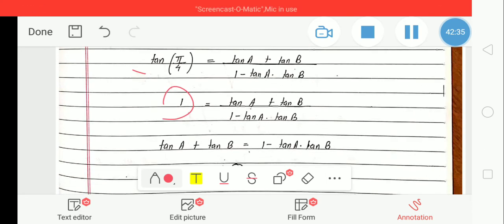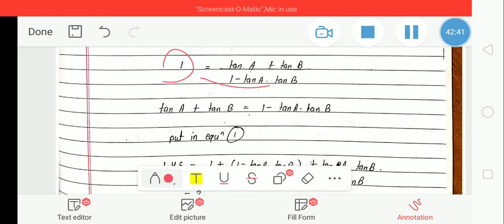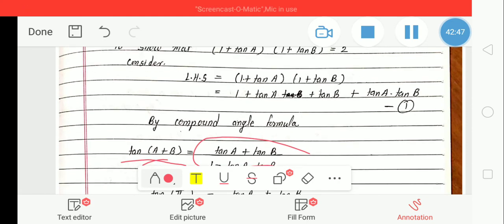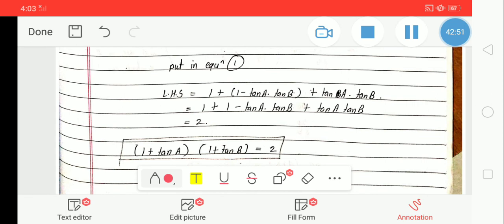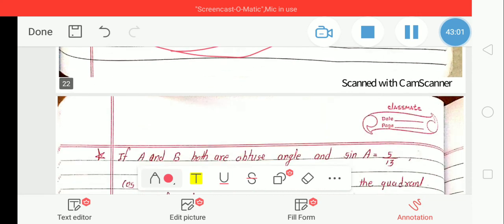So tan A plus tan B is equal to 1 minus tan A tan B. Putting this value in the equation, 1 plus 1 minus tan A tan B, the minus and plus cancel, so 1 plus 1 is equal to 2. So hence proved.